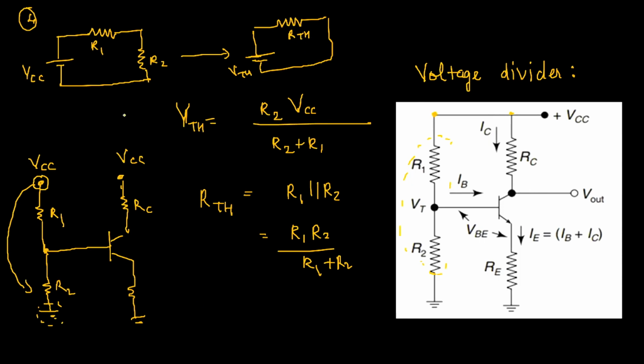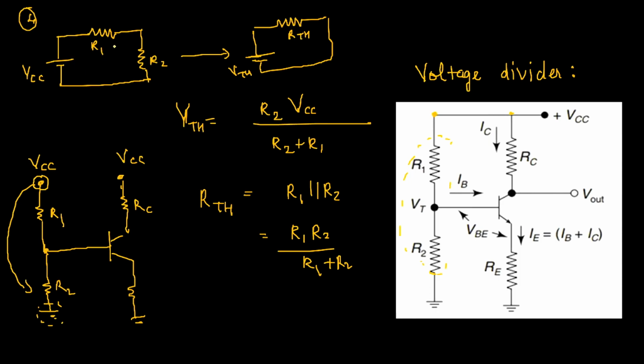What Thevenin's theorem says is that any complex circuit can be reduced to a simple circuit where there is just one potential source and one resistor. So we find the equivalent value of RTH by short circuiting this.